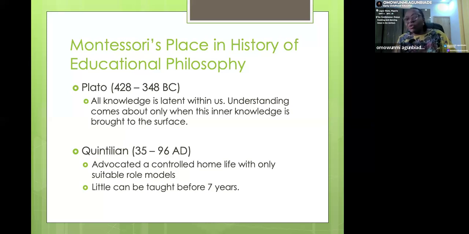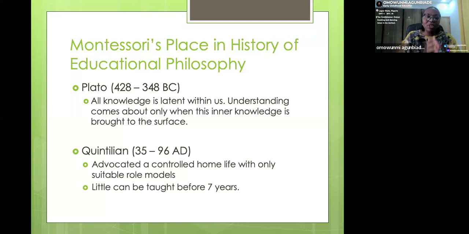Plato's educational philosophy centered on the idea that education should help people learn about the world and the good life. He believed that education should be lifelong and that all people should have equal opportunities to learn.